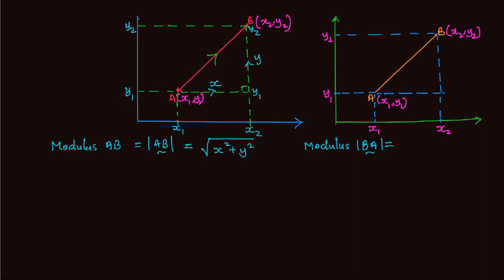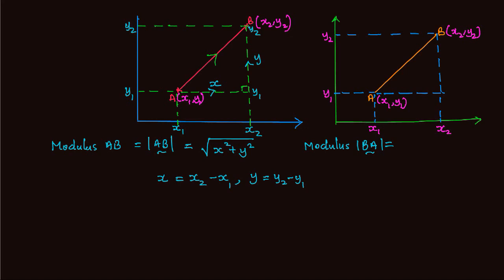From Pythagoras' theorem, a right-angled triangle is formed with AB as the hypotenuse. But from the figure, x is equal to x2 minus x1 and y is equal to y2 minus y1.